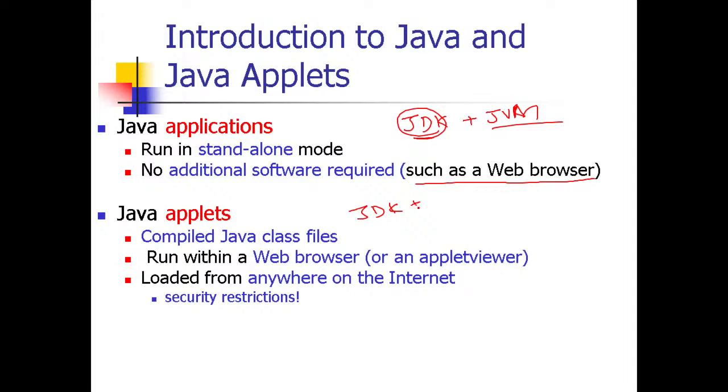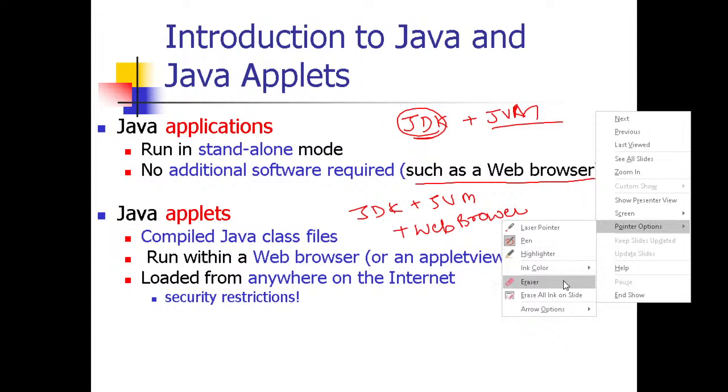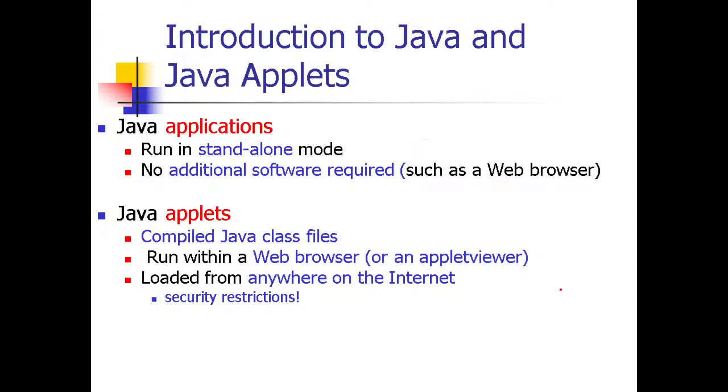These are also required in the case of an applet as well. So JDK plus JVM is also required here, but plus one web browser is also required for executing our applets. Java applets are compiled Java class files. They run with a web browser or from anywhere on the internet.